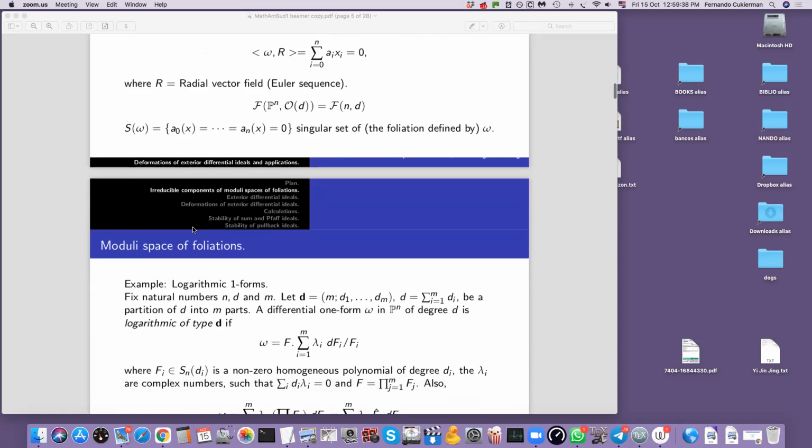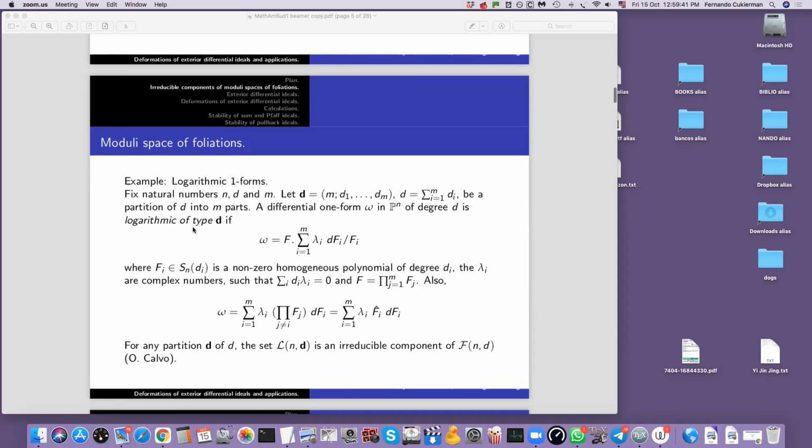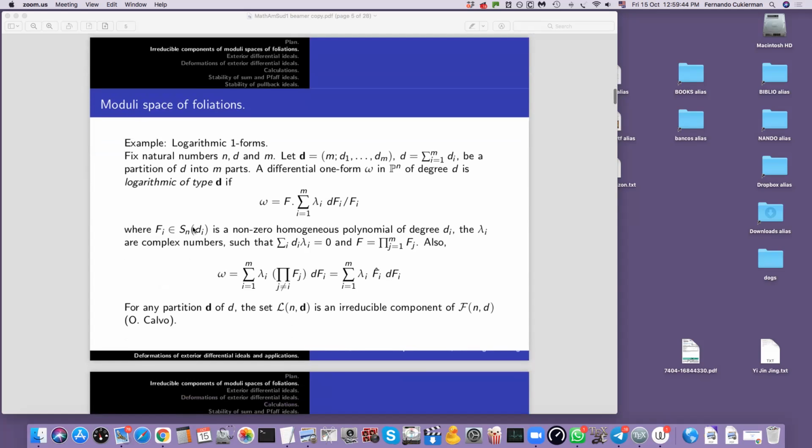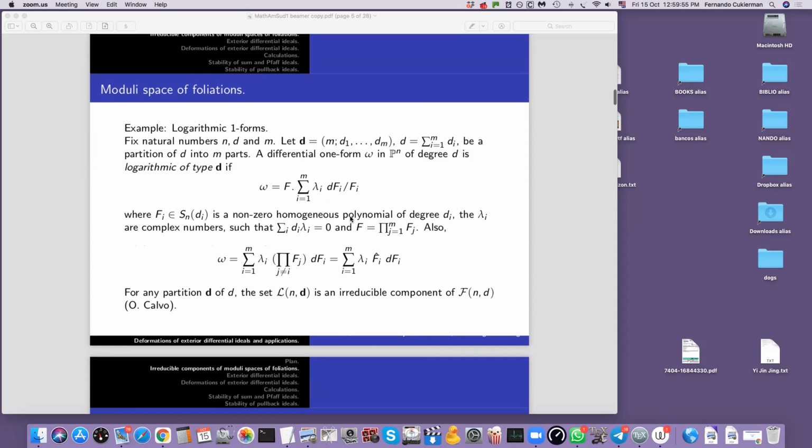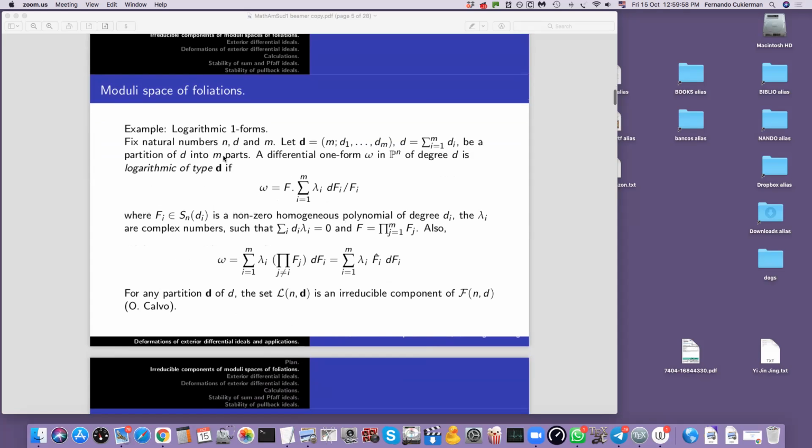Let me show you one example of one forms that satisfy the Frobenius condition, okay? So these are called the logarithmic one forms. So we fix numbers n and d as before, and we fix another number m, and we will consider a partition of d in m parts, okay? So the di are positive integers.